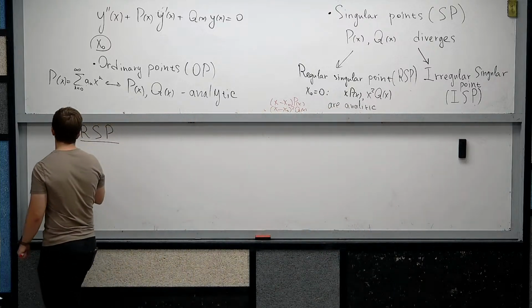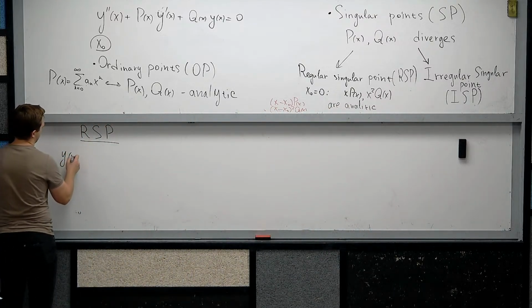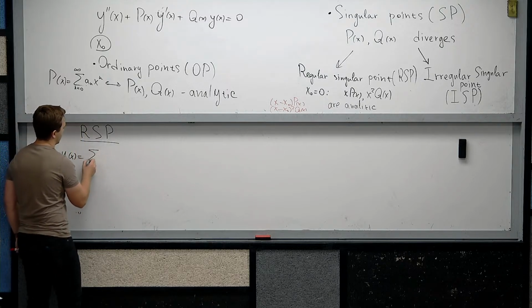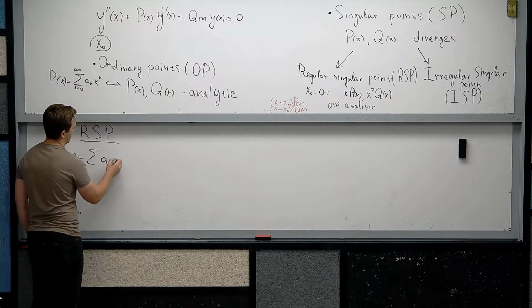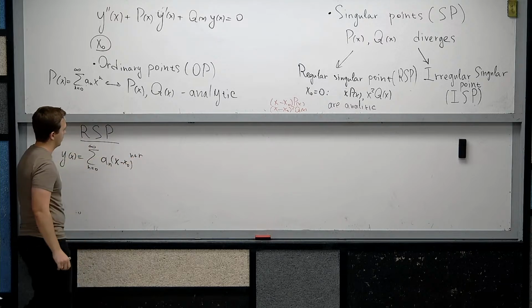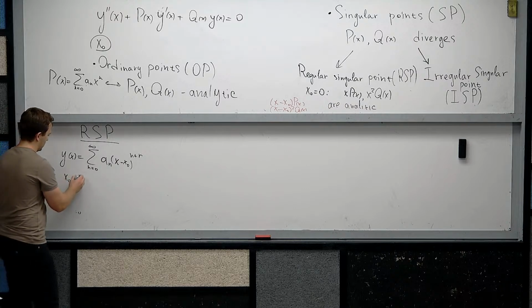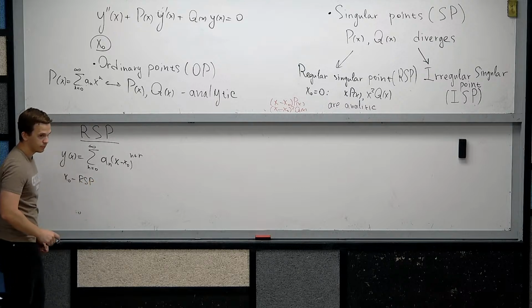Then we say that our solution to this equation will look like the sum of a n times x minus x naught to the power n plus r. So at x naught, it's a regular singular point.